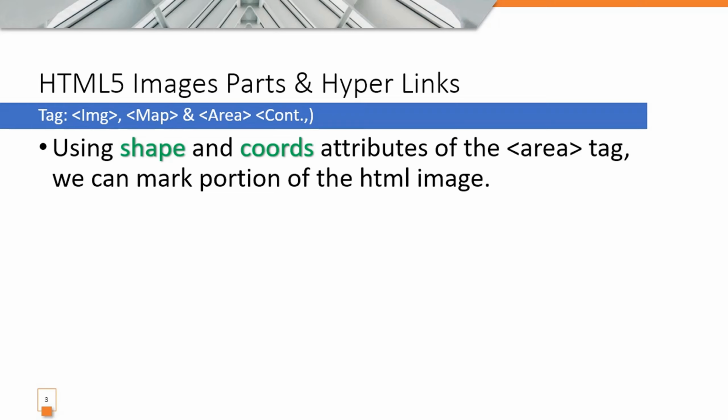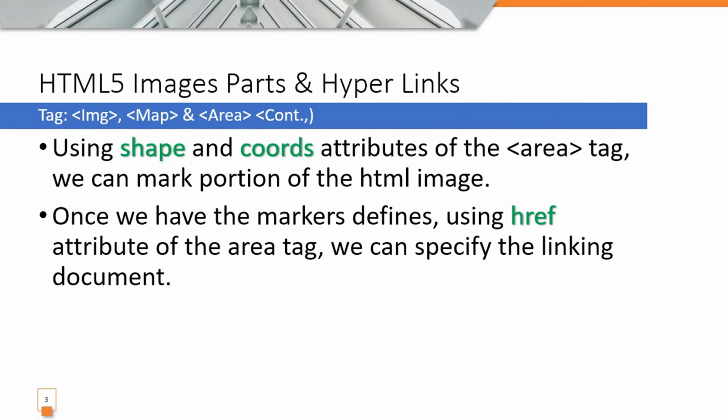Using shape and coords attribute of the area tag, we can mark a portion of the HTML image. Once we have the marker defined, using href attribute of the area tag, we can specify the linking document. That means the map tag will contain multiple area tags, and each area tag defines a portion of the image using the attributes shape and coordinates.